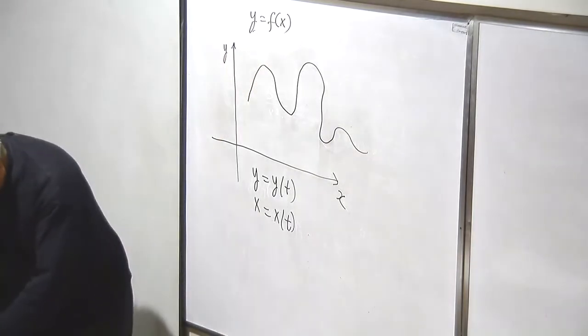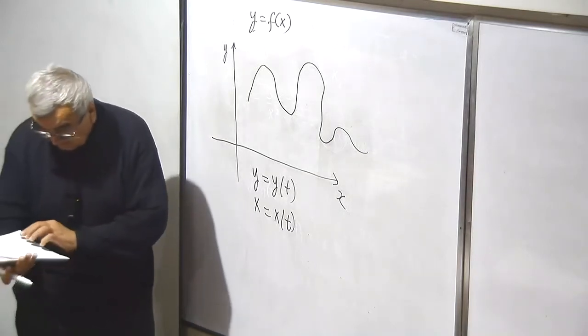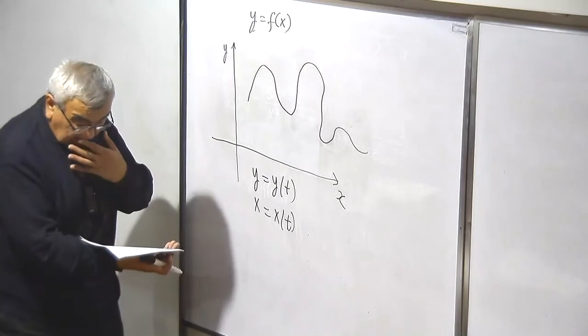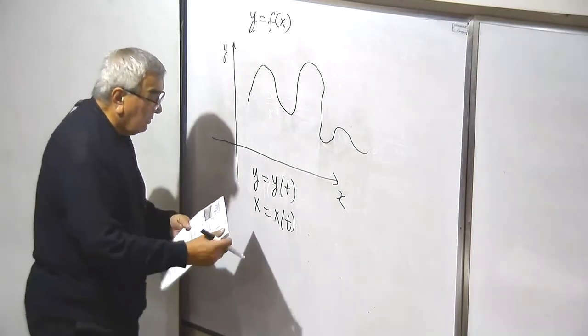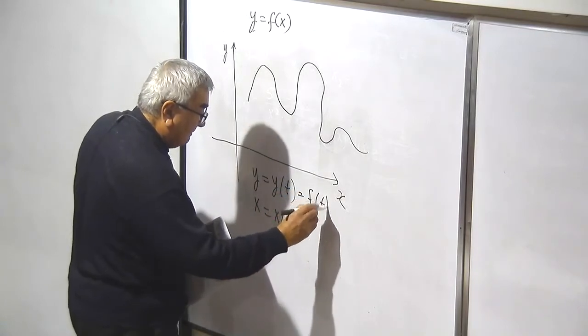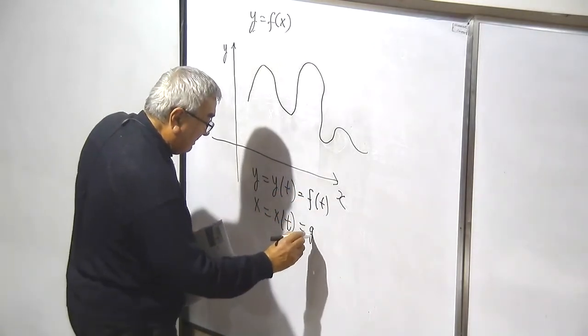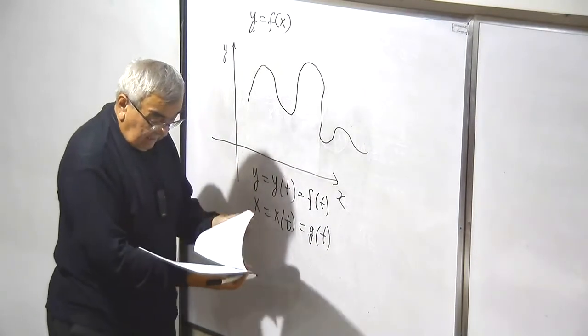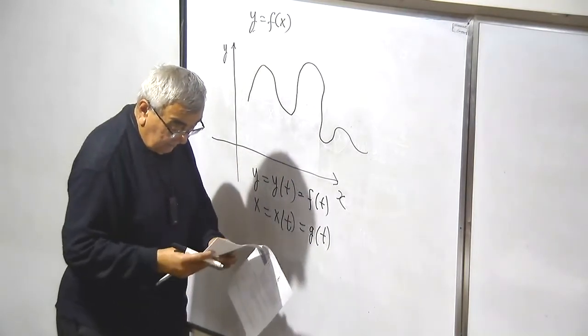Let us consider some simple examples. It is also possible to write, for example, this is defined by a function f, and this maybe some g(t). I will consider these motions.